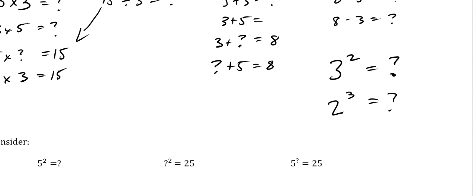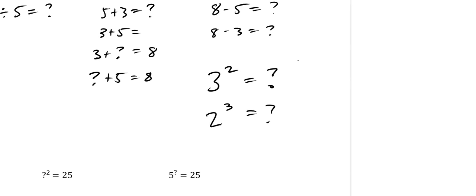So if I do this, I have room here. If I'm thinking about these, the square root of 9 is question mark, or some number squared is 9, right? That's undoing that. See what I mean?